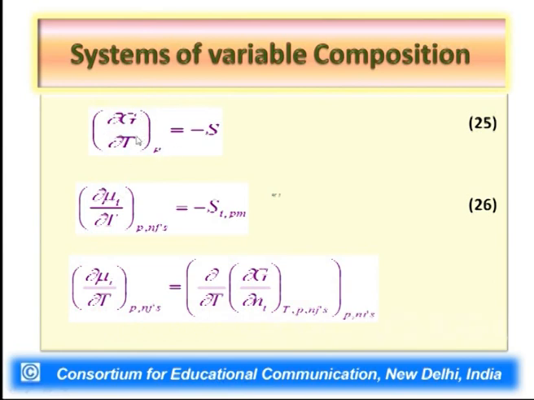If you remember from our earlier discussion of systems of constant composition in the thermodynamics section, we said that the rate of change of Gibbs free energy with temperature at constant pressure is equal to minus S. That is what we had derived. Similarly, molar Gibbs free energy gives molar entropy.